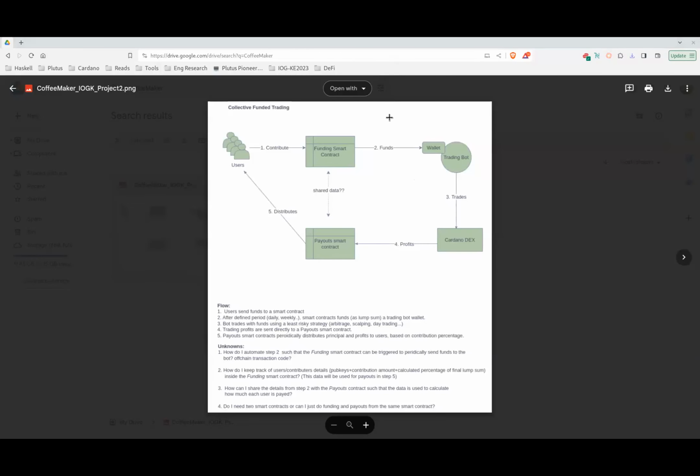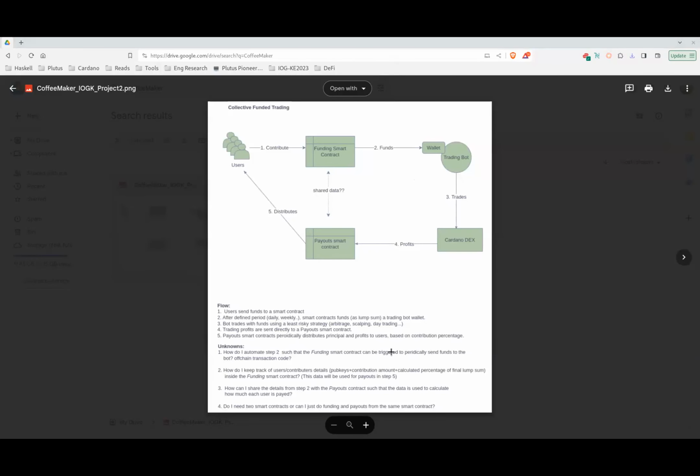That's also good. Let me share the screen then. Okay. Just one minute. There we go. Let me know if you can see my screen.